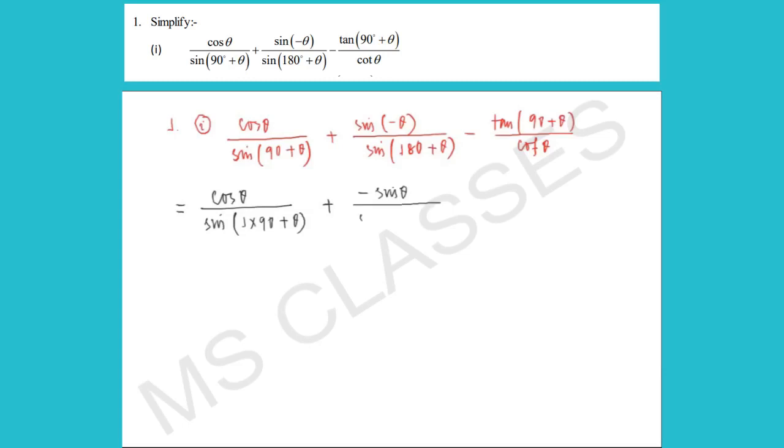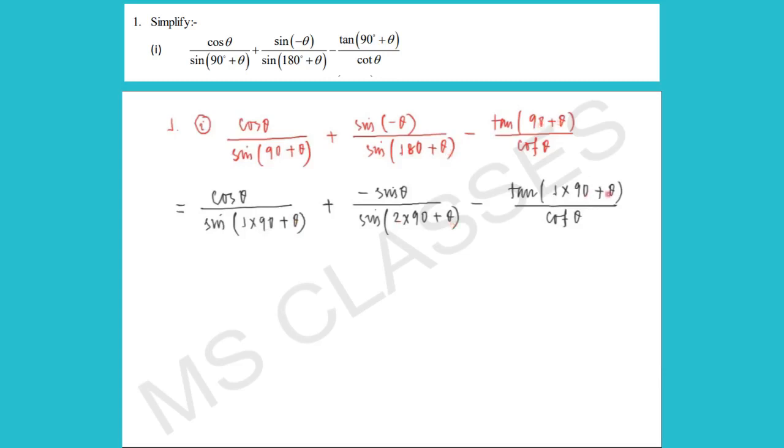Next, in the denominator, sine 2 into 90 plus theta, minus tan 1 into 90 plus theta by cos theta. So this is what we get: cos by sine 1 into 90 plus theta, sine 180 plus theta, that is 2 into 90 plus theta, and tan 1 into 90 plus theta.